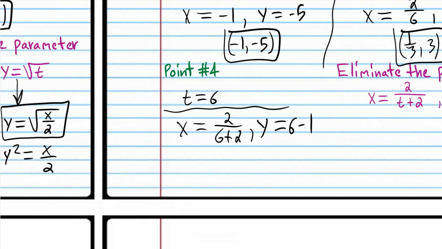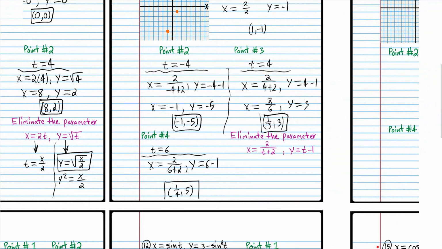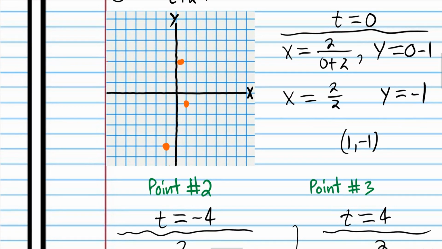So if we do the math, we find that x is equal to 1/4 and y is equal to 5. So 1/4, 5 is about there.